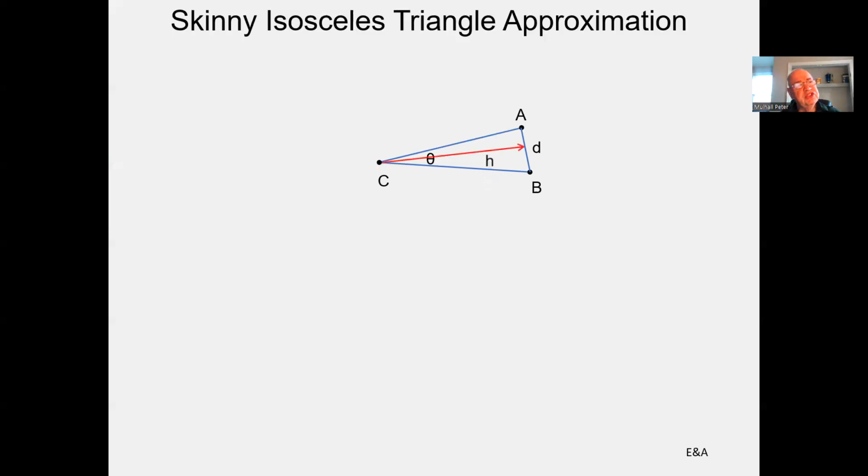There's a wonderful proportion that we can write, an approximate proportion. Given the height of the triangle, the base of the triangle, and the angle at the vertex of the isosceles triangle, we have this approximation that the vertex angle is to 360 as the base D is to 2 pi h.